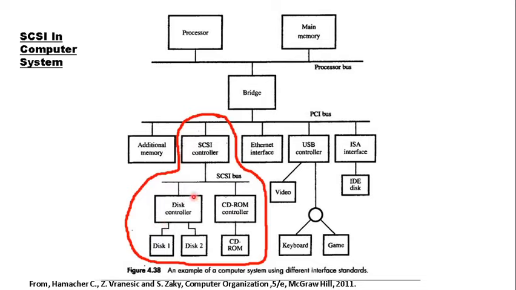They are supposed to respond to the SCSI controller's initiation. So the main SCSI controller in charge of the SCSI bus is our initiator, and the subcontrollers of the devices, which respond to the main SCSI controller, are our targets.